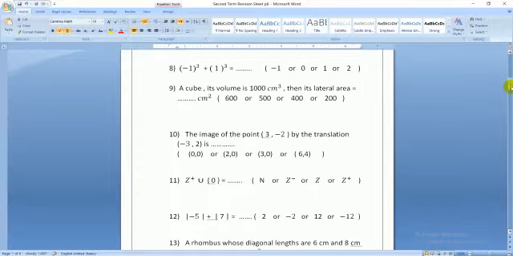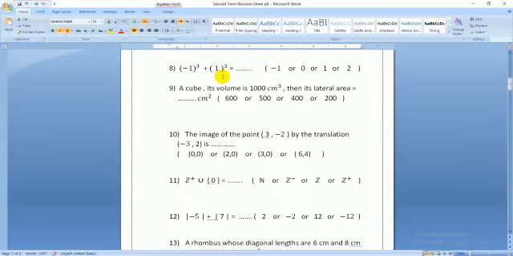Number 8. Negative 1 power 3 plus 1 power 3. Take care, the odd power keeps the negative sign. So negative 1 power 3 equals negative 1, and 1 power 3 equals 1. 1 power any number equals 1.